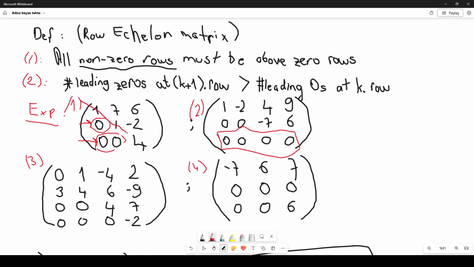For instance, we draw the main diagonal, right? And look at the values right below the main diagonal. If they are all zeros, then we call this an upper triangular form, which means that it's in row echelon form as well, right?